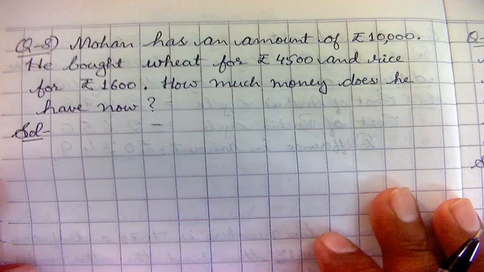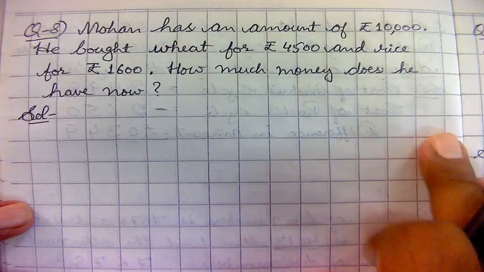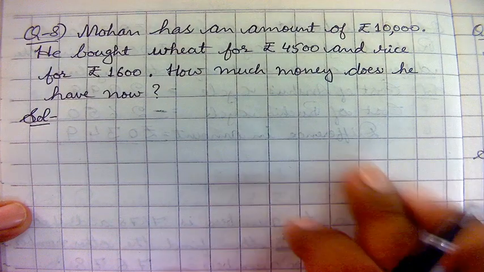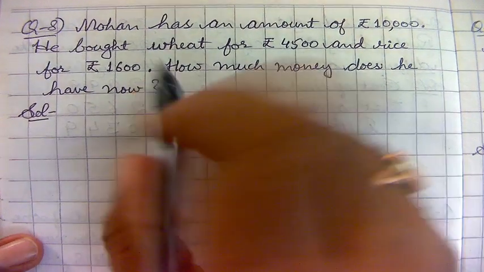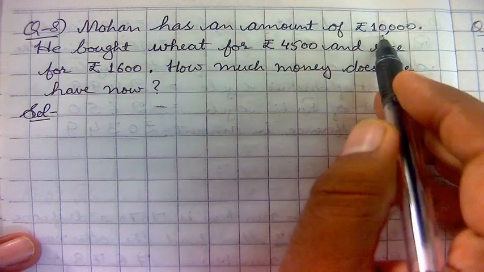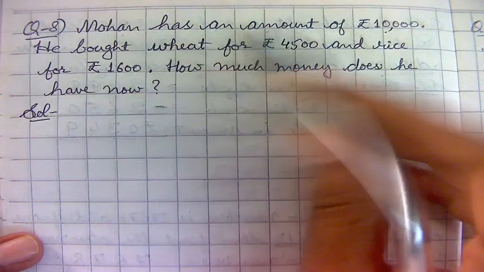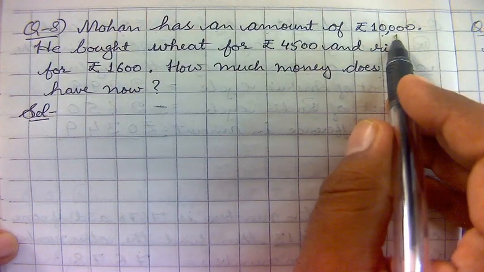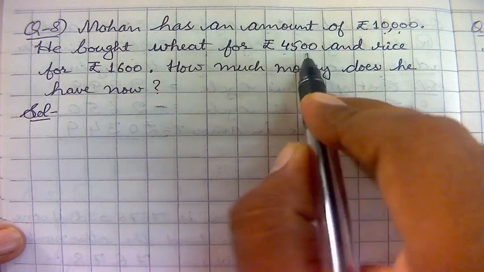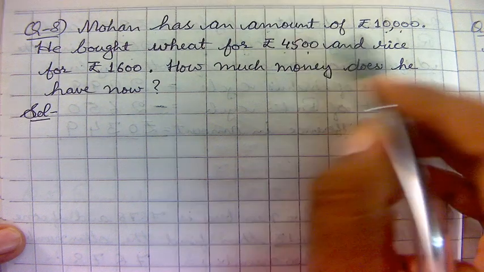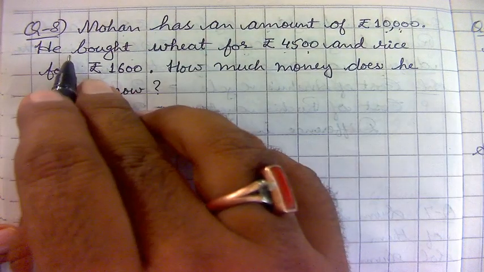Now question number 8 says that Mohan has an amount of rupees 10,000. Now Mohan has amount of rupees 10,000. उसके पास कितना amount है? 10,000 rupees. He bought wheat for rupees 4,500. अब जो 10,000 rupees है उसमें से what did he do?